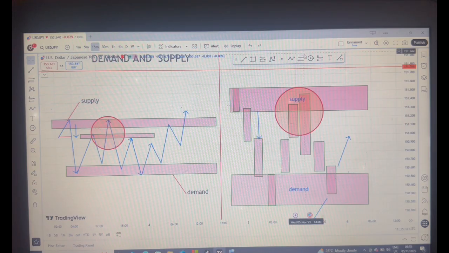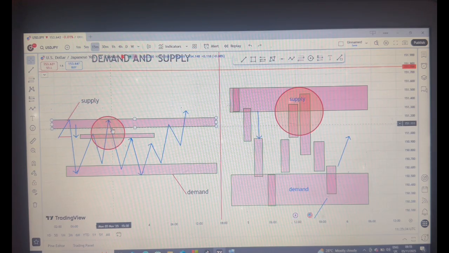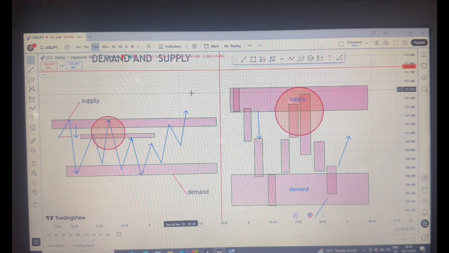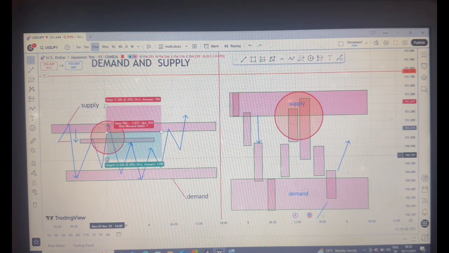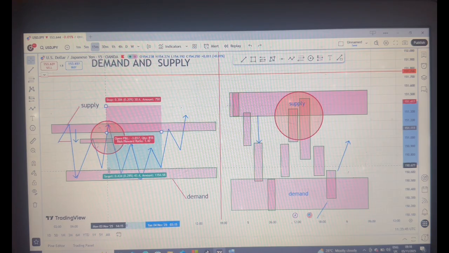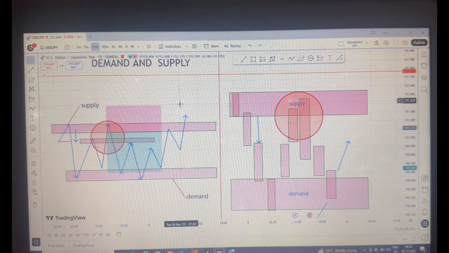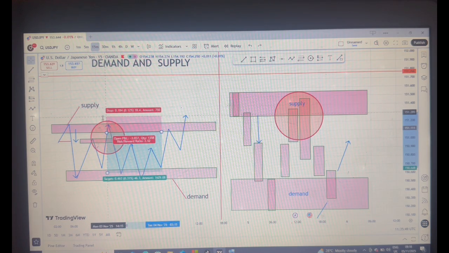So if you say we want to sell from this point down to this place, we put our stop loss above this one a bit. See, it's giving us 2.79.